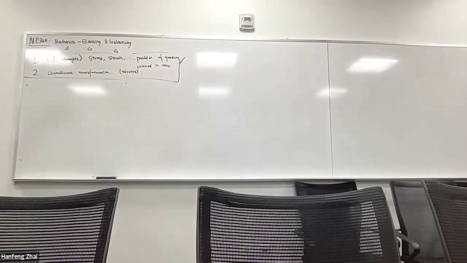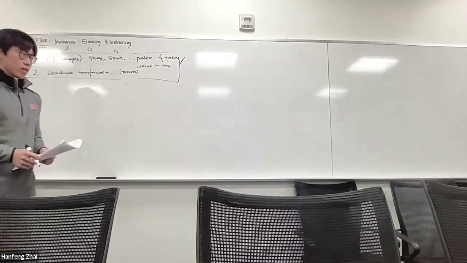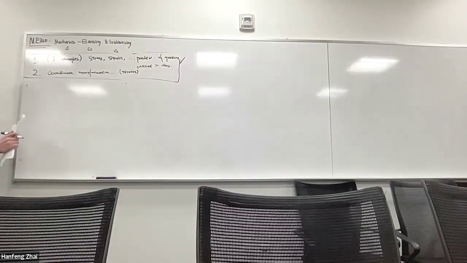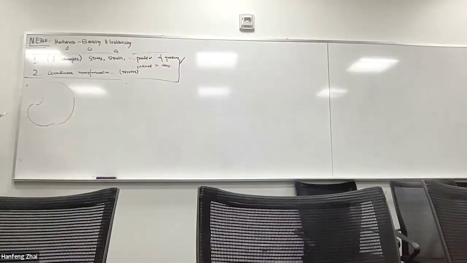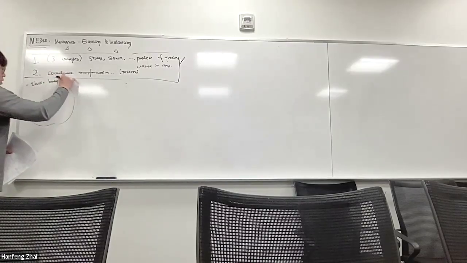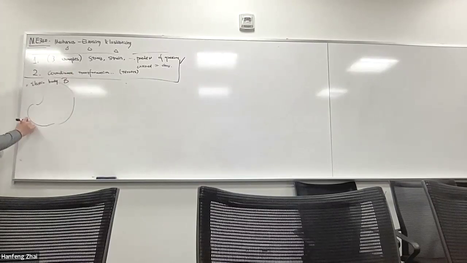Okay, so for coordinate transformation, we're going to start with the continuum potato, which if any of you already took continuum mechanics or any solid mechanics, graduate level mechanics class, you're probably very familiar with this concept. You can assume there exists an elastic body, the shape of a potato, and call it B, and you can apply some boundary condition.